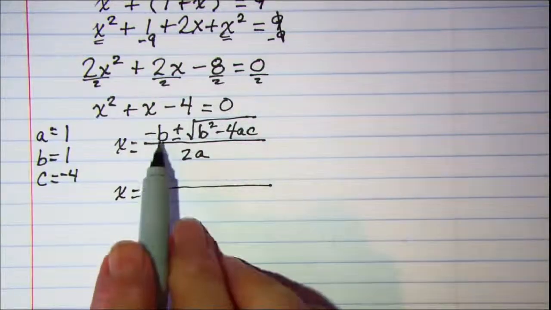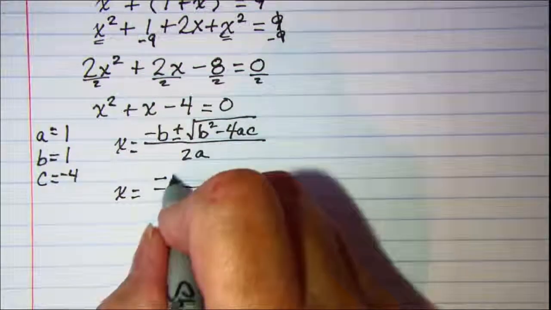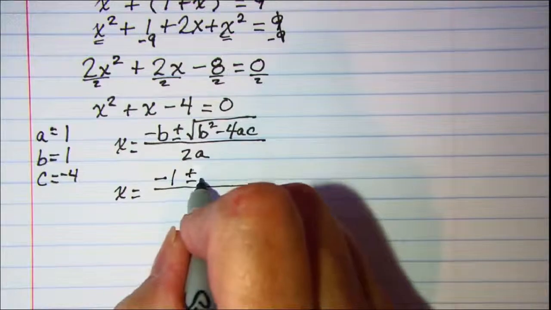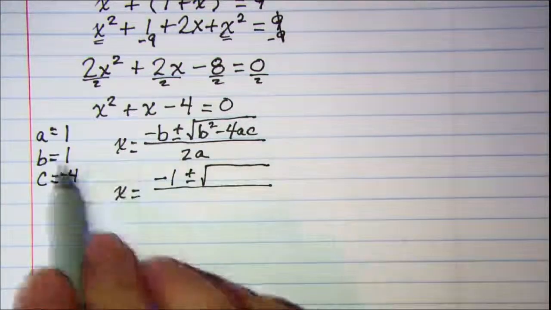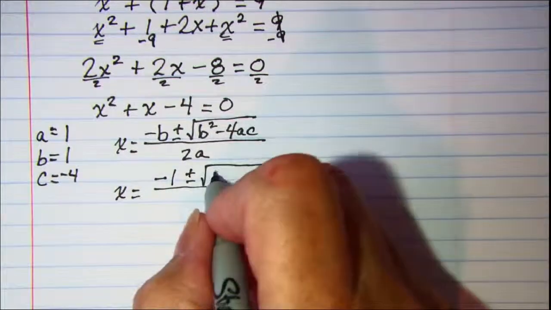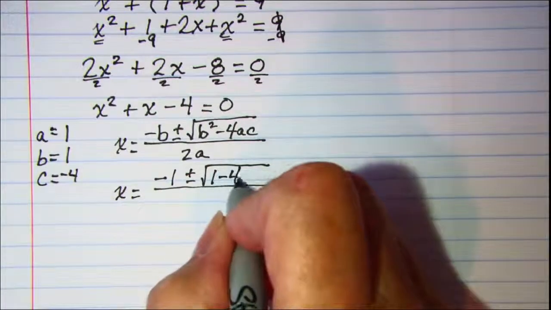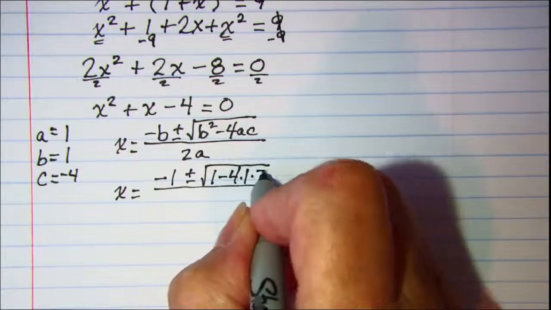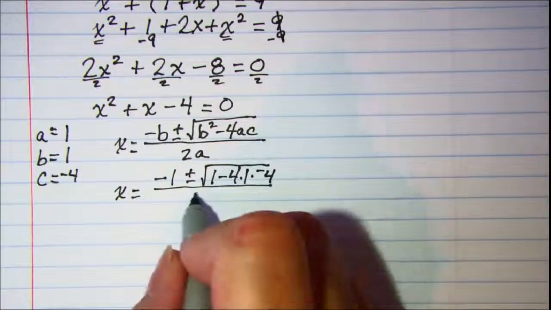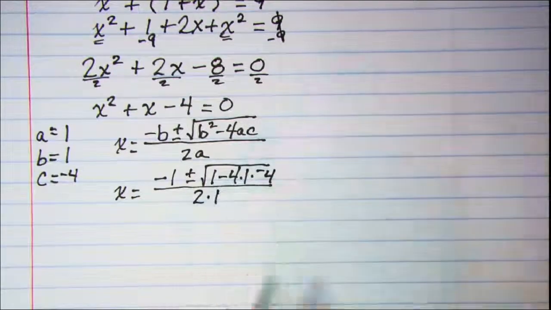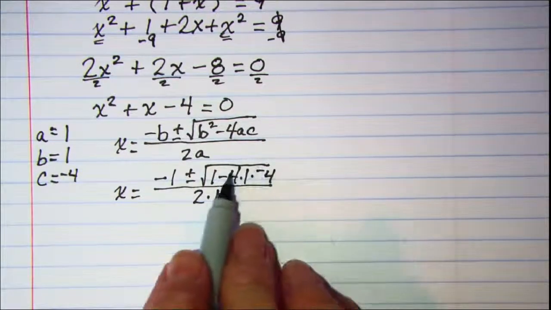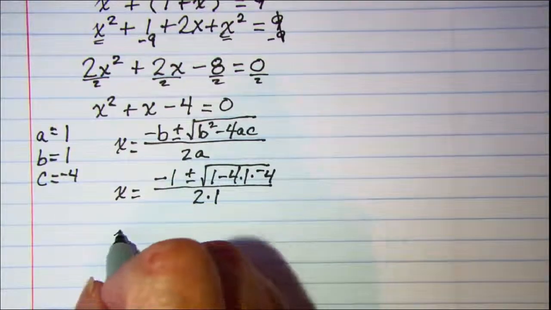Negative, and then b is 1, plus or minus the square root of b squared, which is also going to be 1, minus 4 times 1 times negative 4, all over 2 times 1. We need to do this multiplication first, so we'll copy the rest.